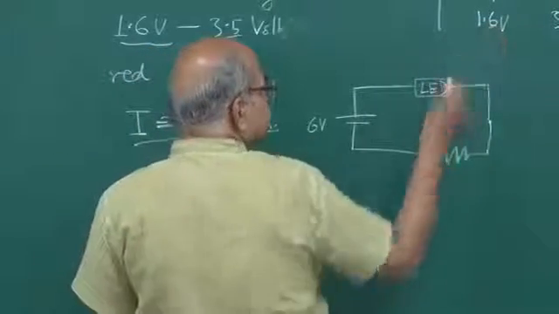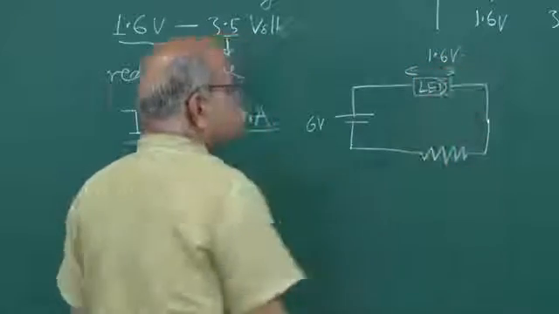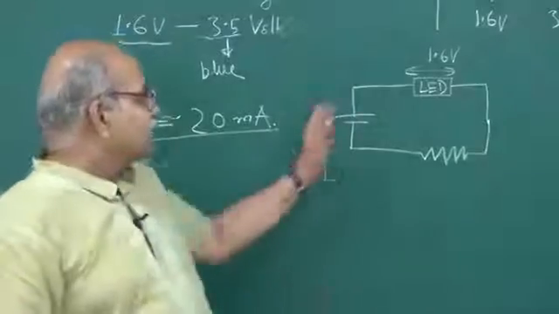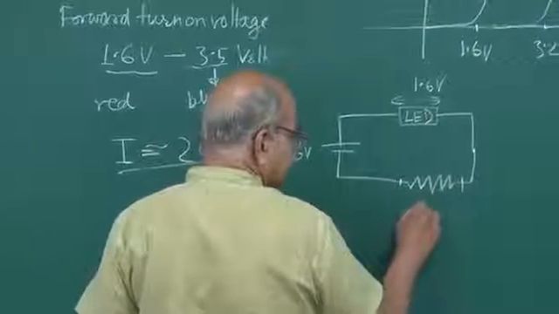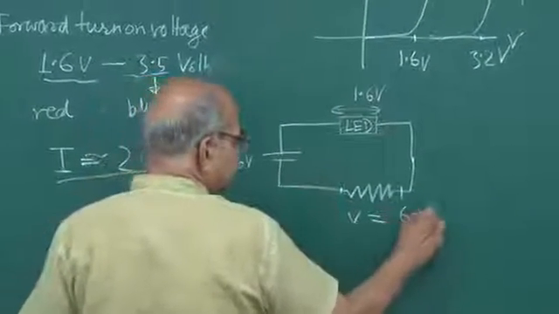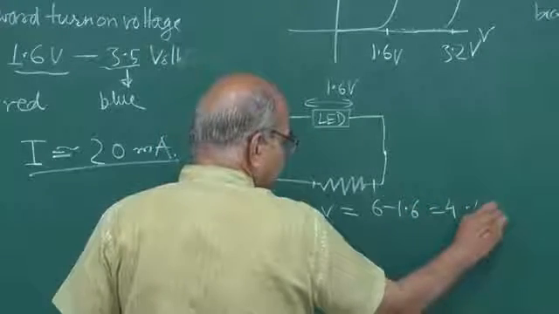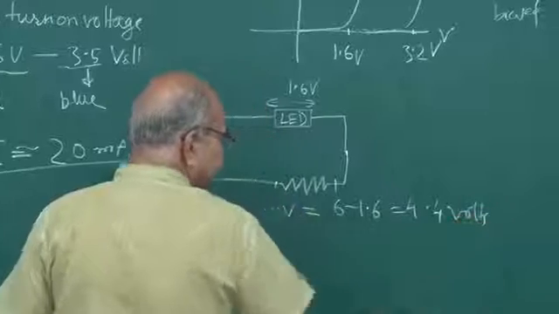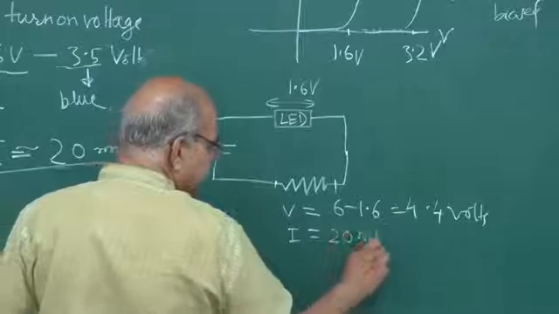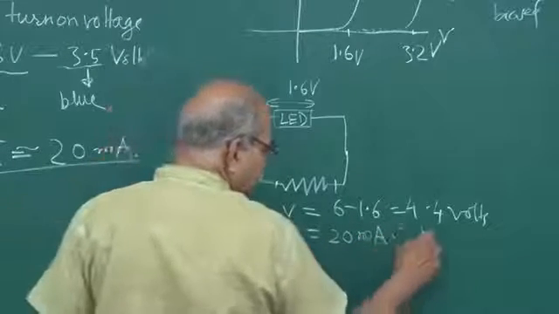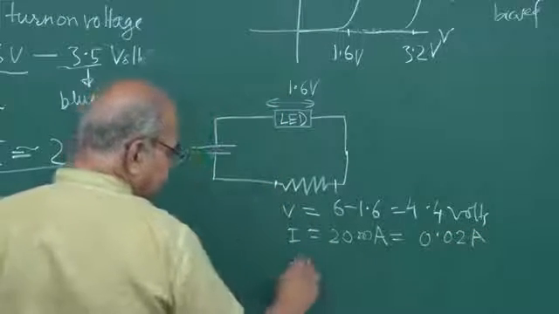Suppose this is a red LED, then the voltage drop here will be 1.6 volt or so. So the rest is coming here. How much is this potential difference? This potential difference is 6 minus 1.6, that is 4.4 volts. And if you want I to be 20 milliamperes, 0.02 amperes, then what should be the resistance?